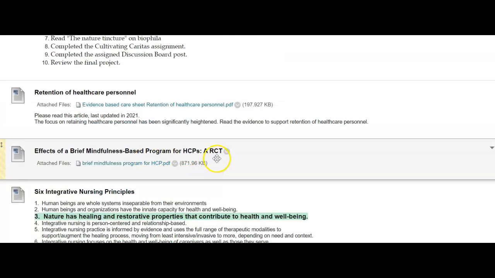I've also posted a randomized controlled trial on the effects of a brief mindfulness-based program for healthcare professionals. I think you may find this interesting, so that is also listed here.